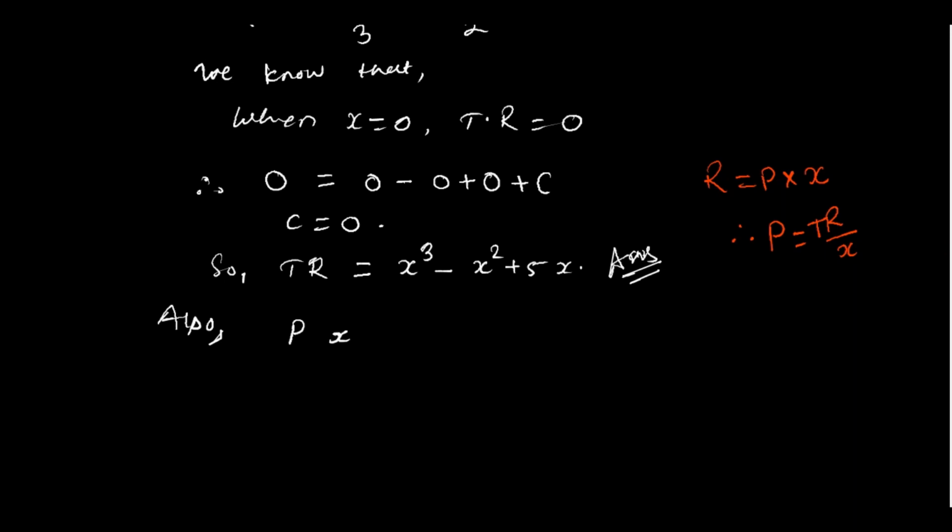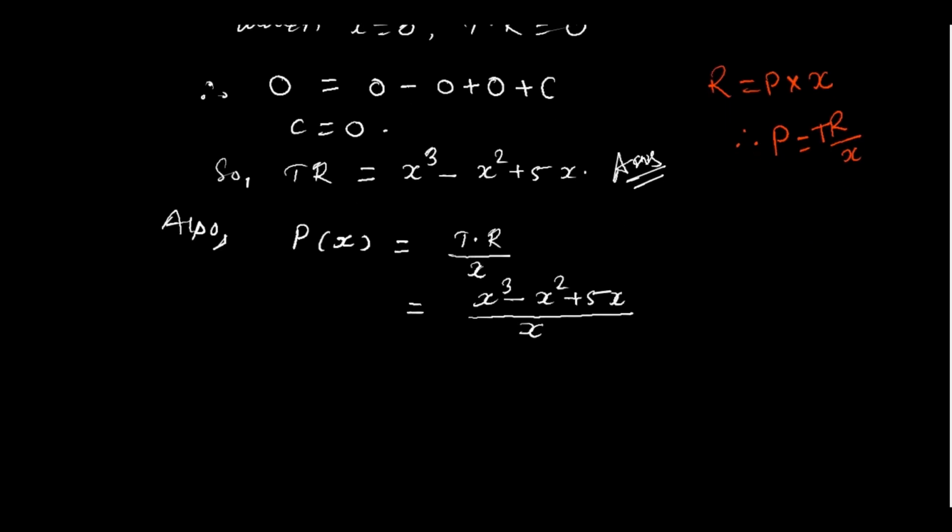Demand function Px equals total revenue by quantity X, which equals x cube minus x square plus 5x by x, which equals x square minus x plus 5.